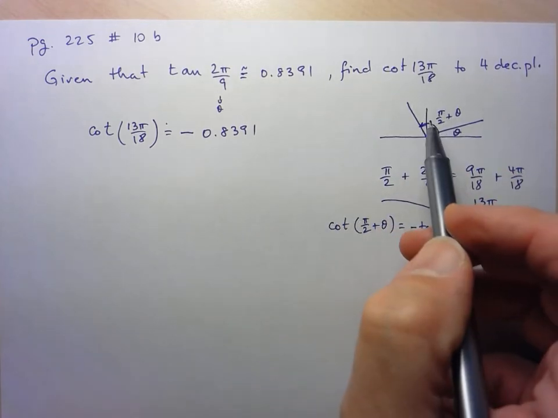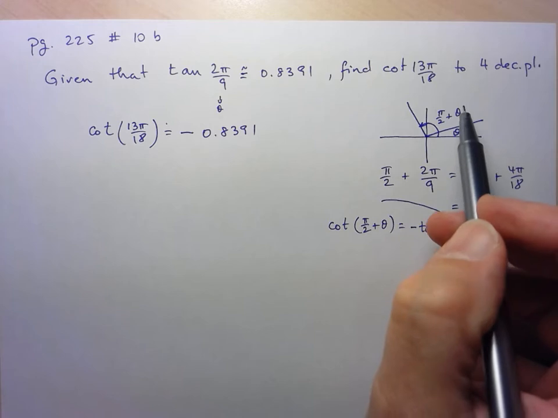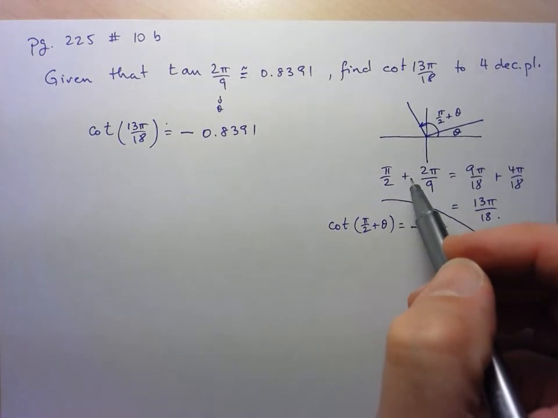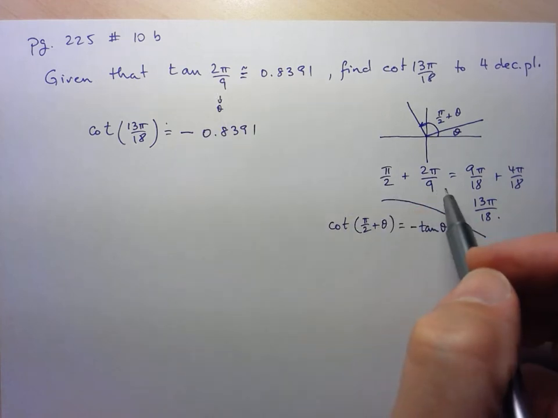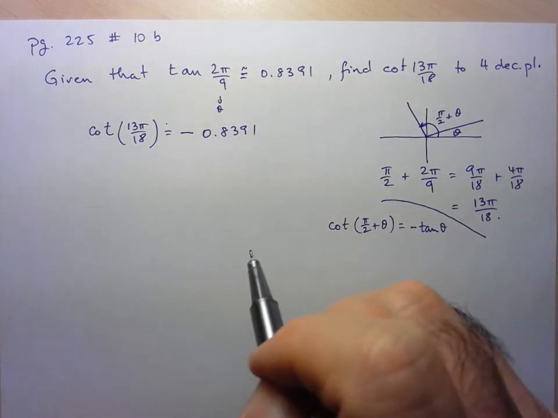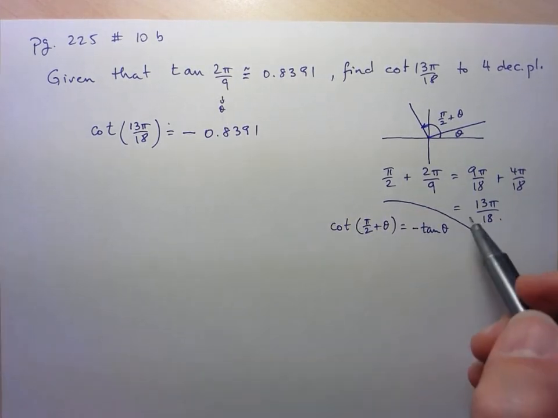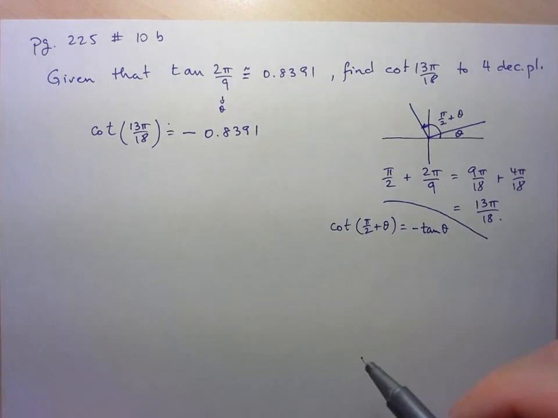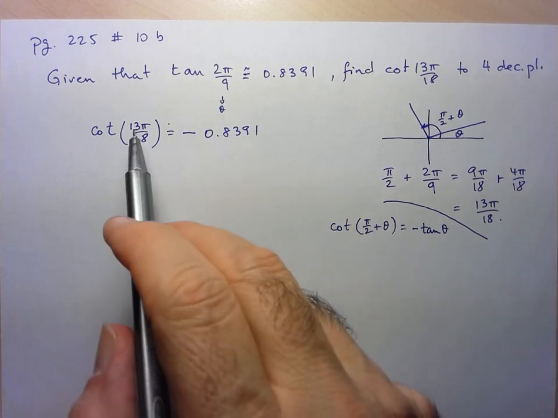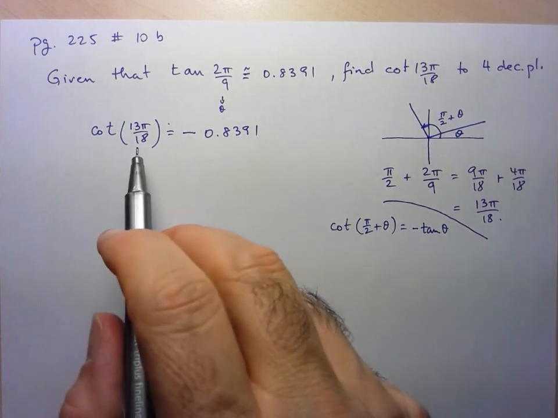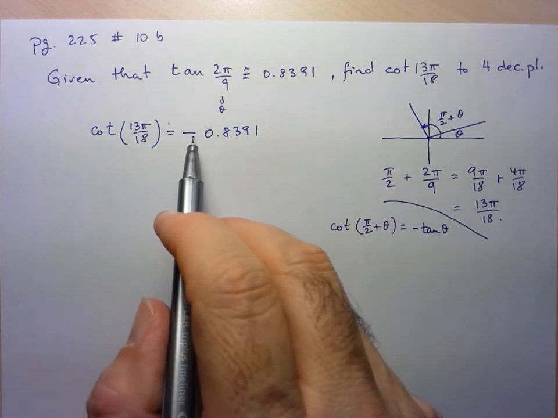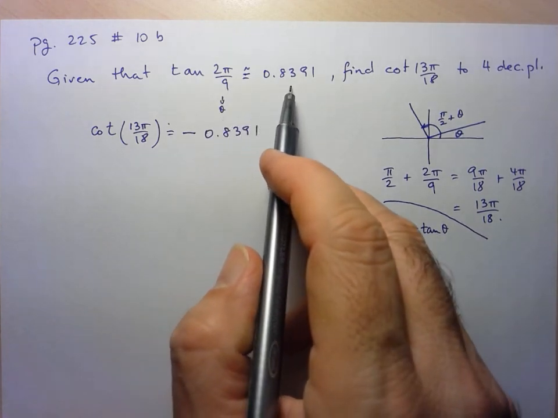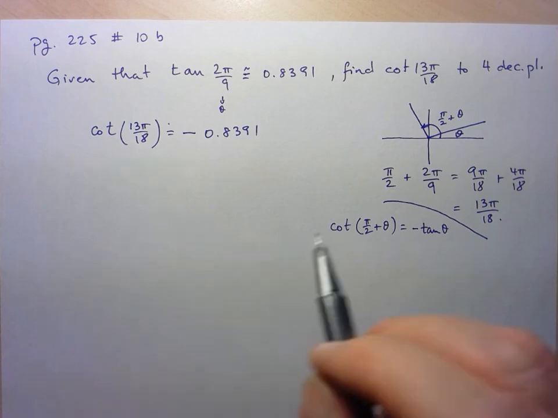That's why I was hoping to work with pi over 2 plus theta. So I showed that pi over 2 plus 2 pi over 9 was indeed equal to 13 pi over 18, which means that I could apply this correlated angle identity. So 13 pi over 18, which is my pi over 2 plus theta, is going to be equal to the negative of the tangent of that theta, which is the exact value we were given. That's it for this one.